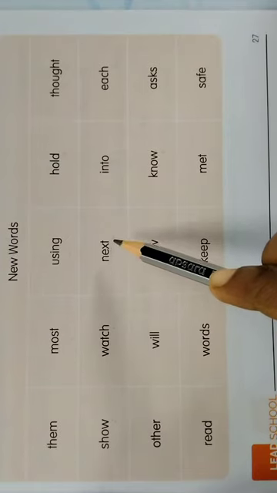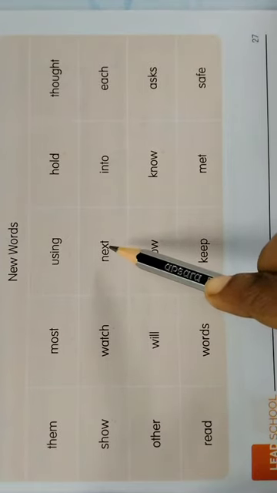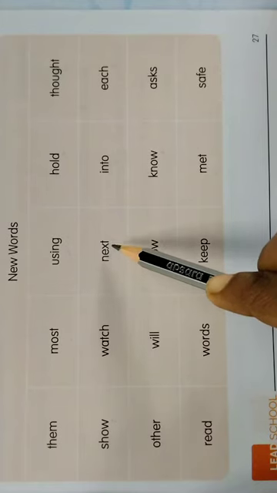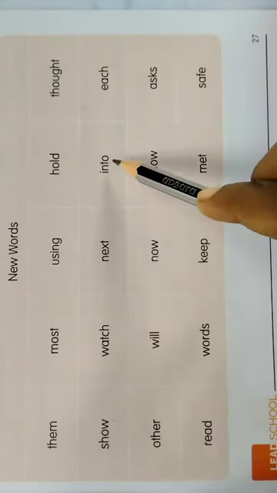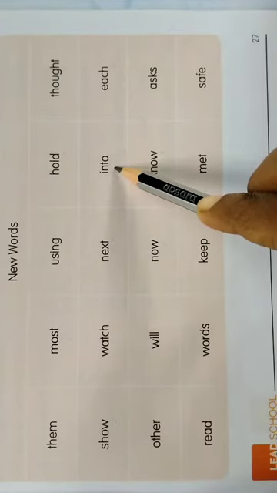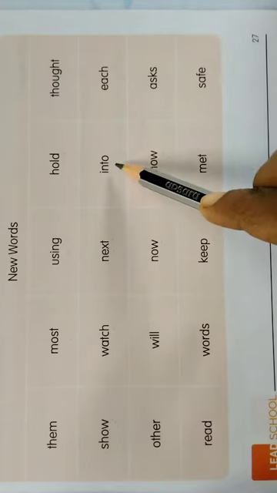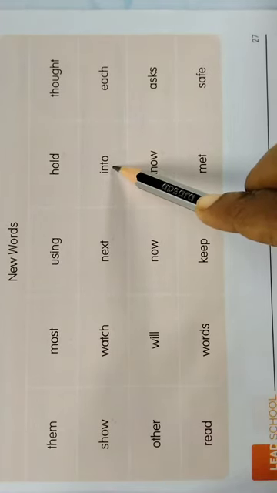Next. Say along with me. Next, next. Into, into. Repeat it again. Into.